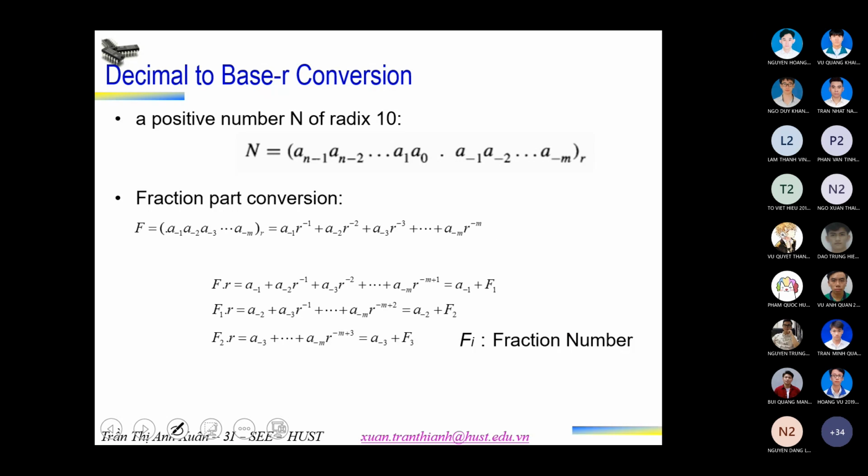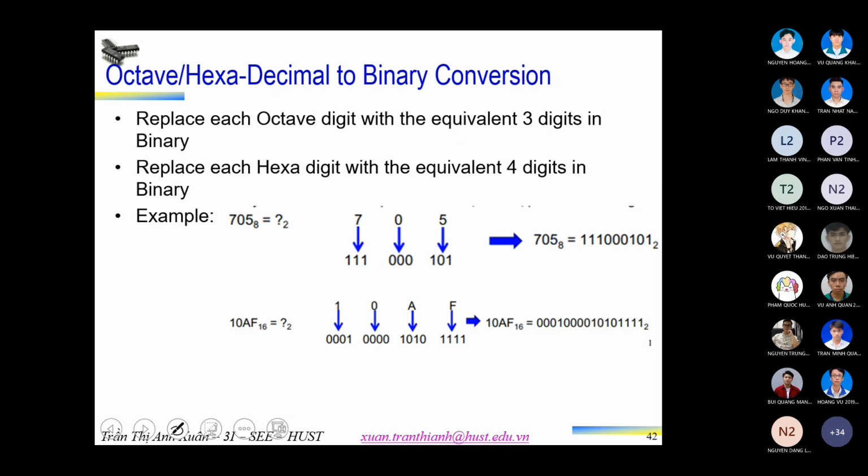This is easy, so we go to the next. For today, we can directly convert between octal or hexadecimal and binary.